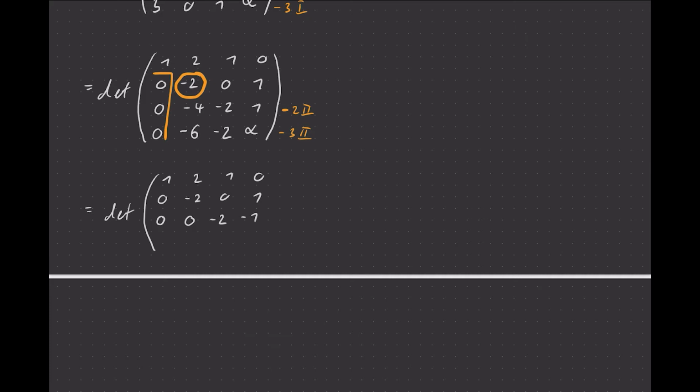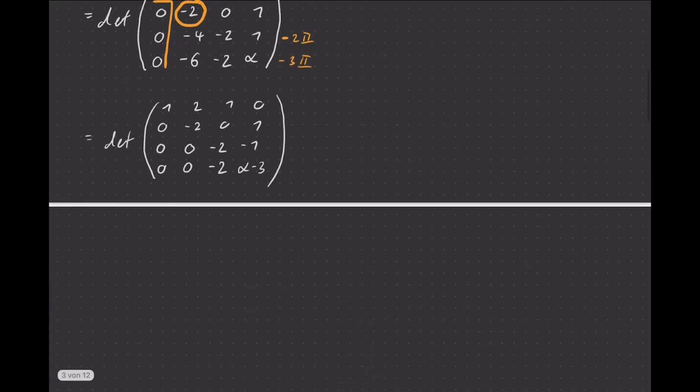And then for the last row, I get 0 here. Minus 6 plus 6, that's a 0, of course. Again, the minus 2 does not change. And here I'll have alpha minus 3 times 1, so that's alpha minus 3. And you can see I'm almost done.